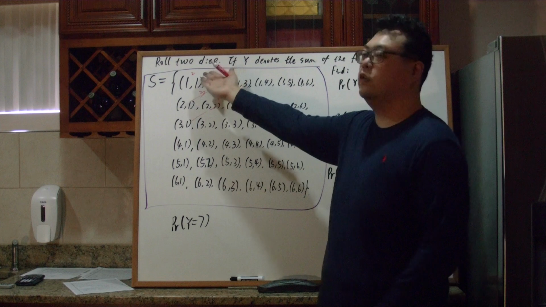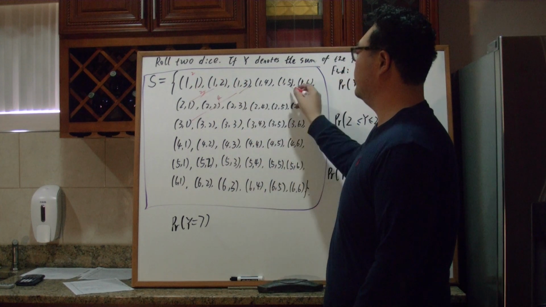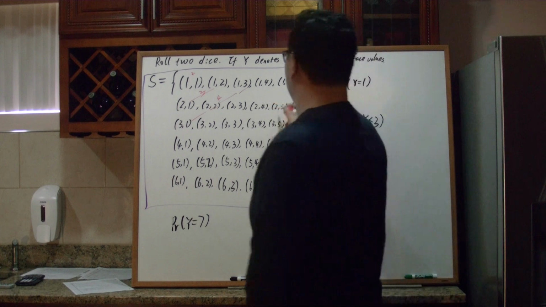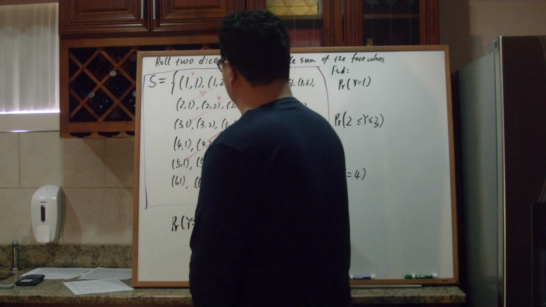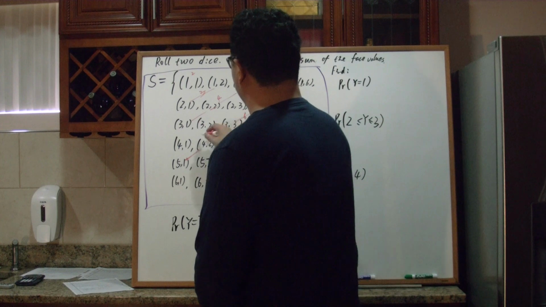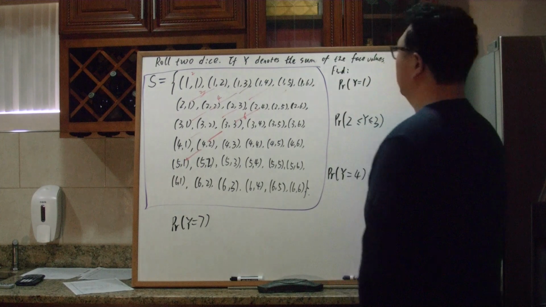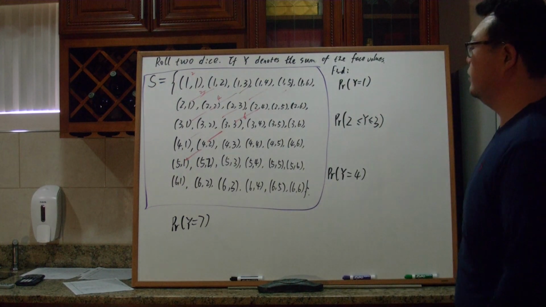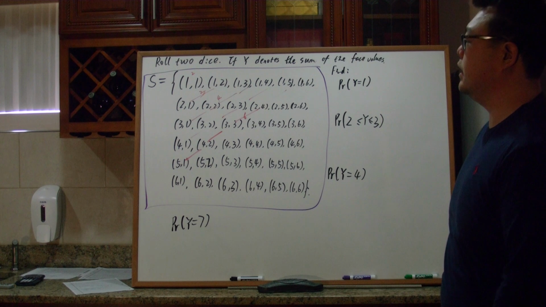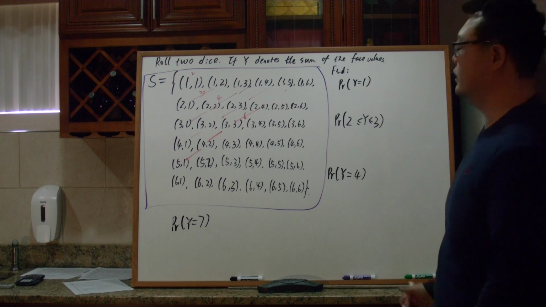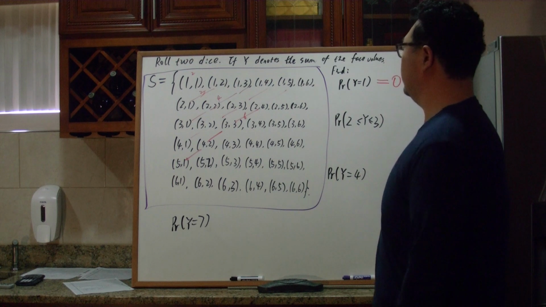The diagonal gives the same sum value, such as 1,5, 2,4, 3,3, 4,2, and 5,1 give the sum 6, and so on. So it's impossible to get the sum to be 1 unless you destroy one of the dice, which is impossible. So that is 0.